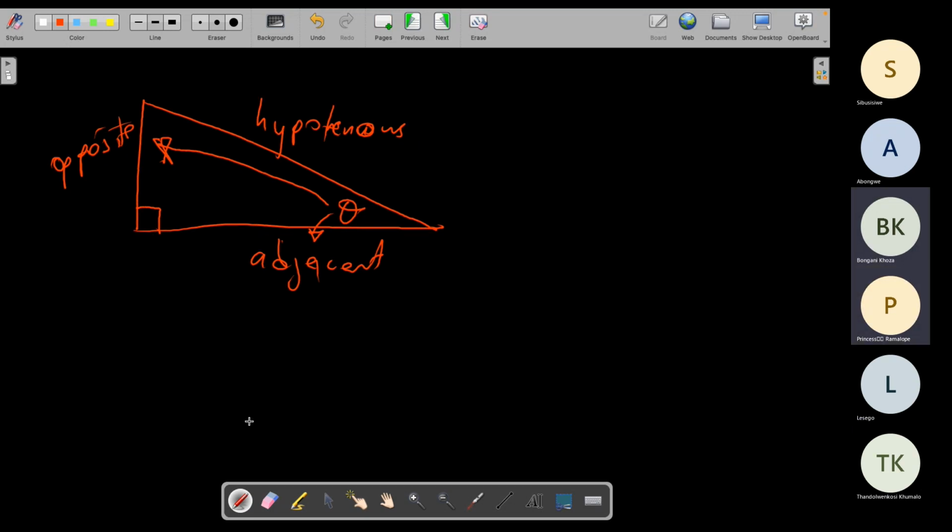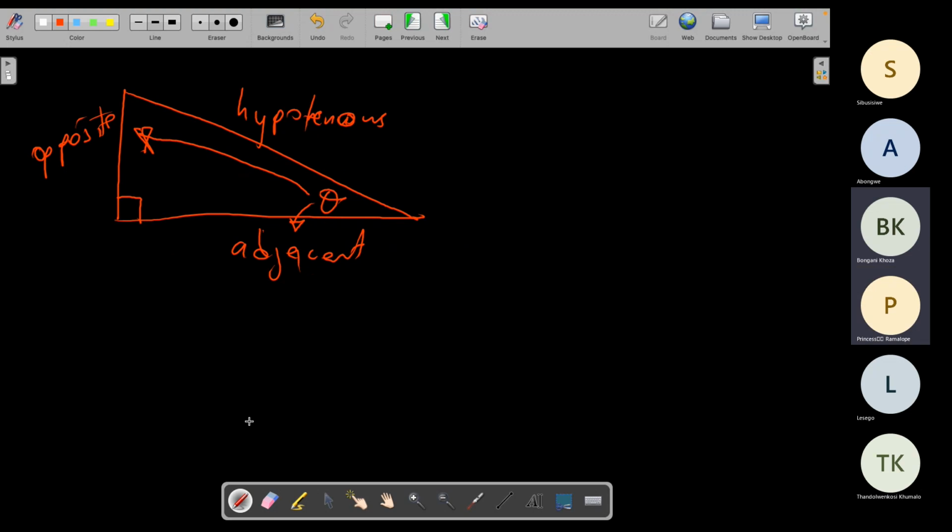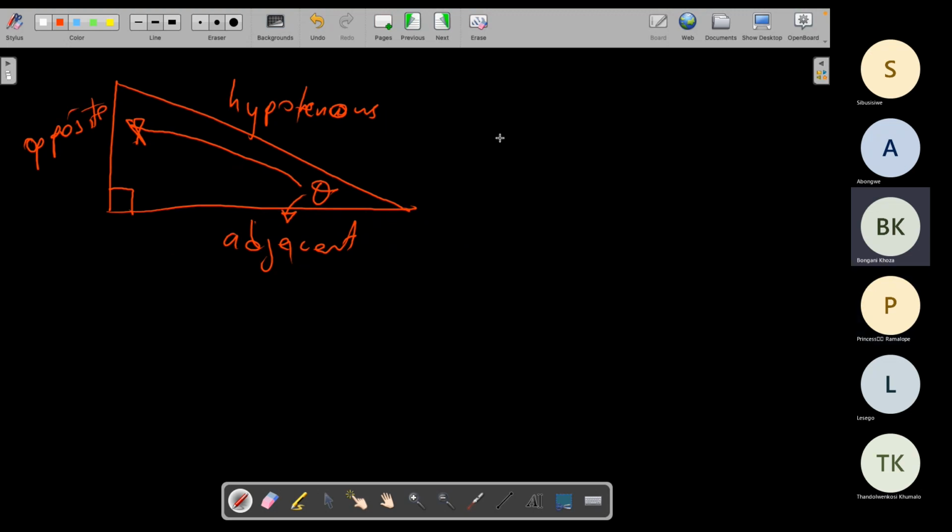All good? Yes. So even if normally, if we have another variable here, say y, the opposite for y is not this side. The opposite for y becomes this side over here. Are we clear? Yes. I'm saying we have theta and we have y on the same triangle. The opposite for theta is this side over here.